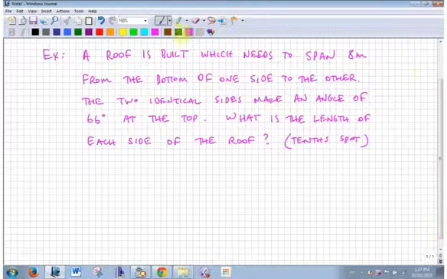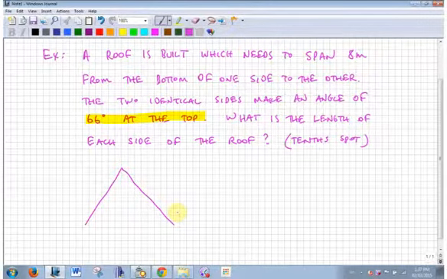So this is where I'm going to start. 66 degrees at the top. Okay? Roof. Does it look 66-ish? Okay, I'm not going to pull out my protractor and measure this thing, but looks like more than 45, looks like less than 90.